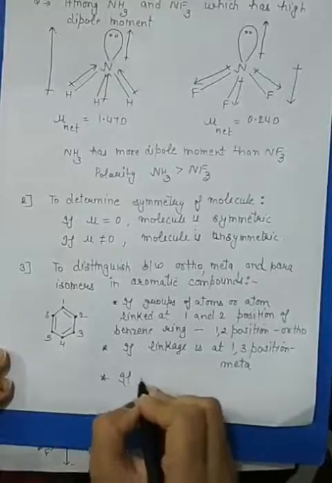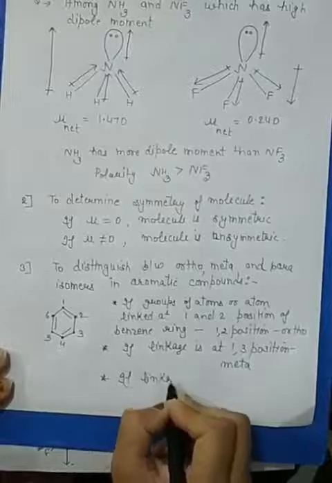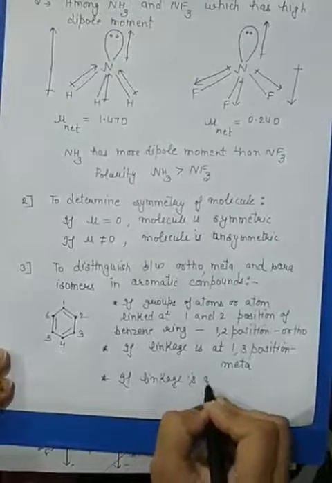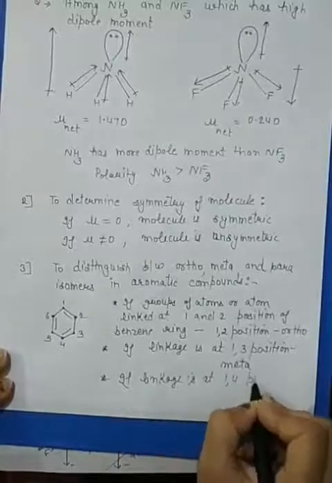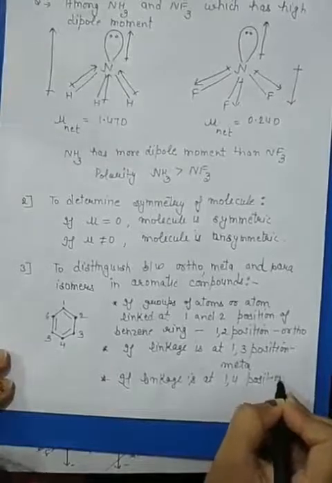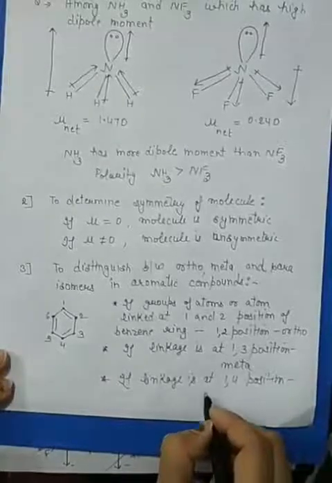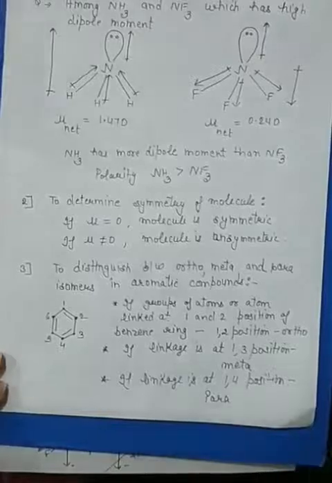And if linkage is at 1-4 position, 1 and 4 position, then it is called para.